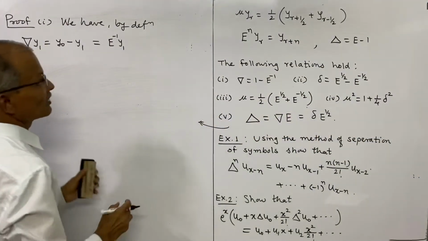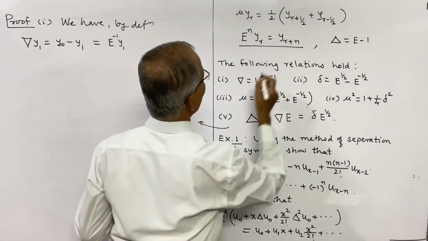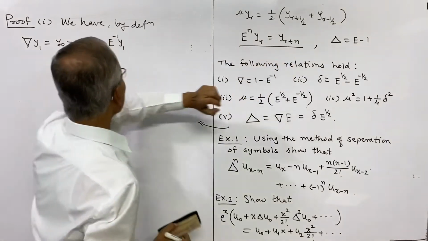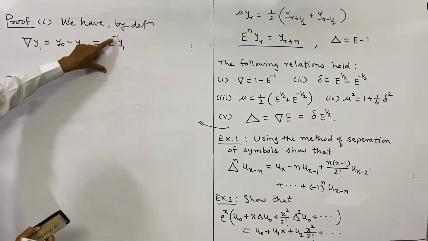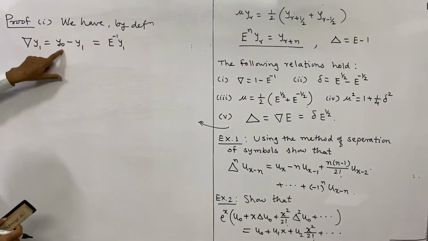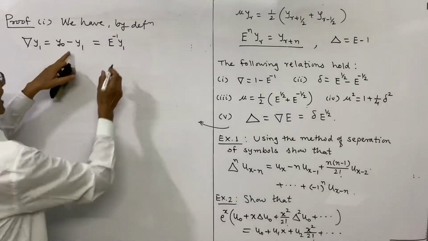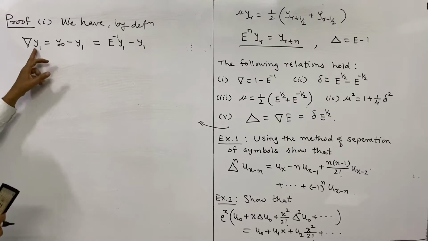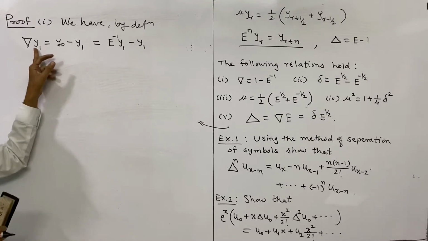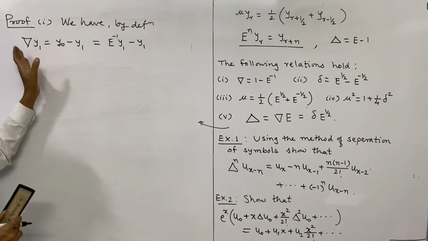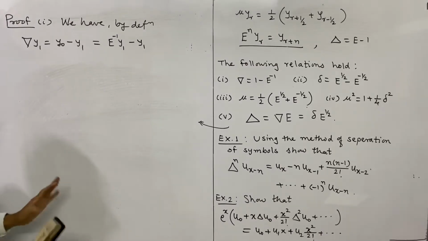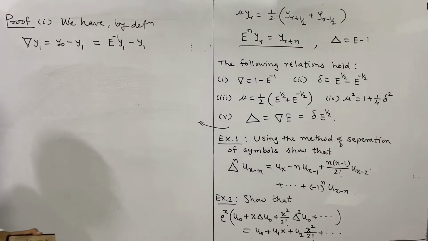Now using E^n y_r is y_(r+n), minus 1 plus 1 is 0, that is y naught, and minus y1 we keep as it is, because we want the same value of y on both sides. It is operated on the same value of y, then there will be equality of the operators.